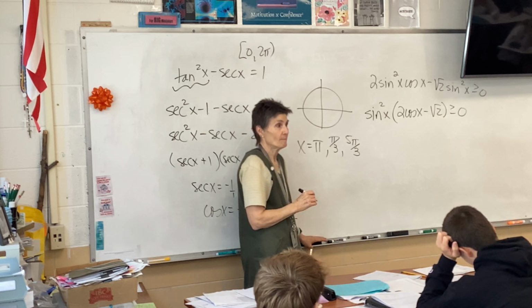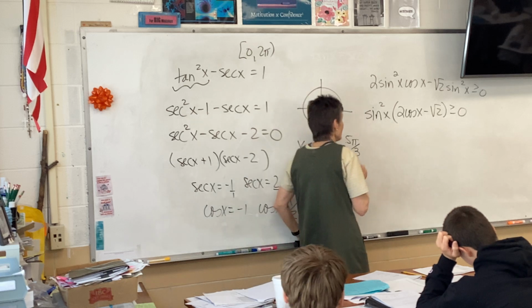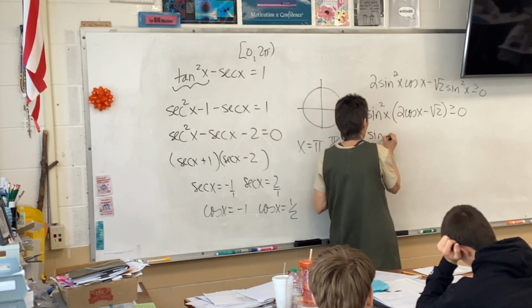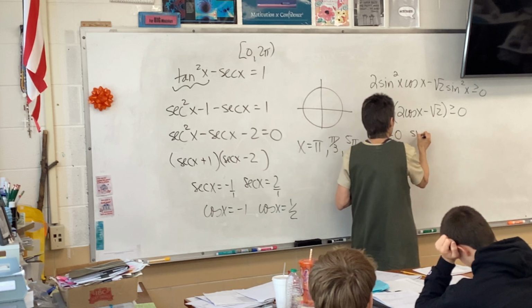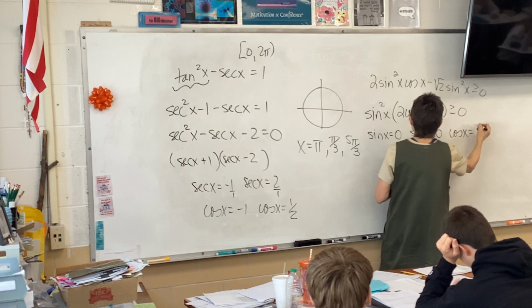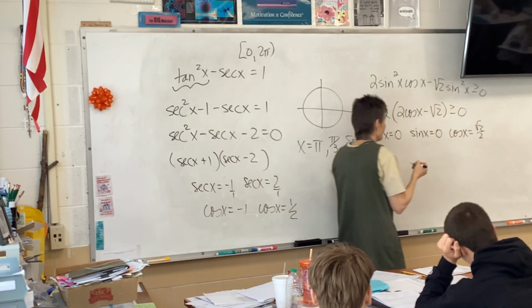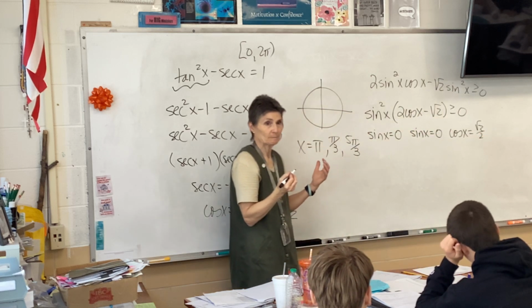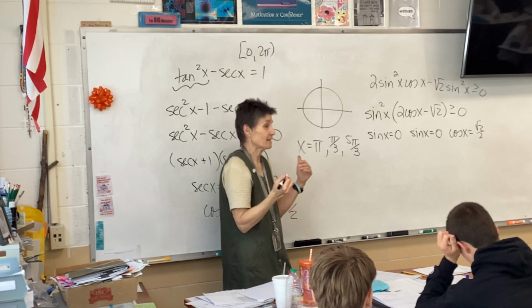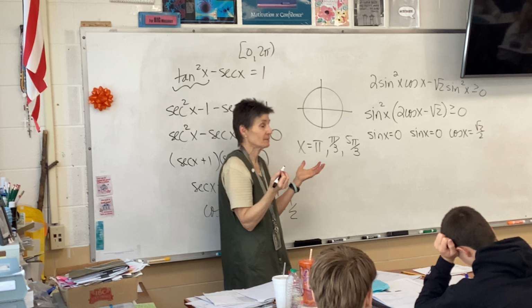Would you agree with that? So I really have 3 factors here. I have sine and sine and cosine equals √2 over 2. Would you agree those are my 3 factors? Sine's in there twice, because that's going to be important for me to stop and think about for a minute.